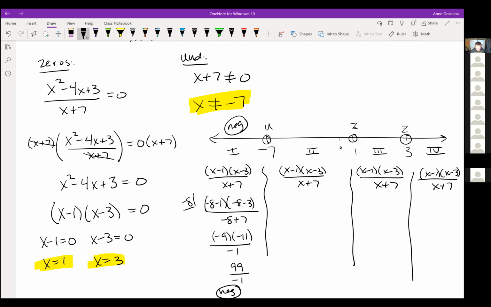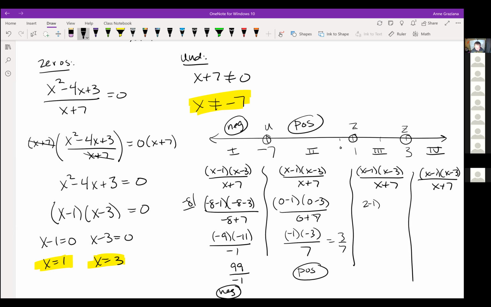Okay, so 0 minus 1 times 0 minus 3 all over 0 plus 7, which is -1 times -3 all over 7, which is 3 over 7. Positive. All right, in the next region, we can only pick 2, if you want the only whole number in there.